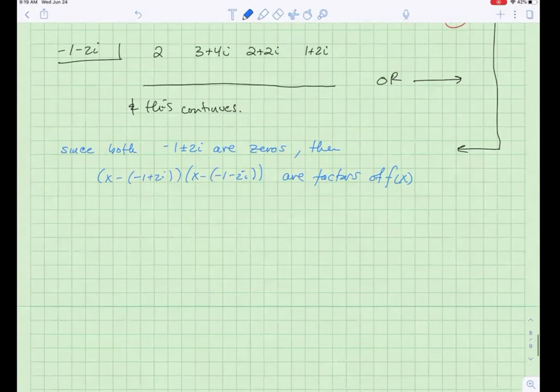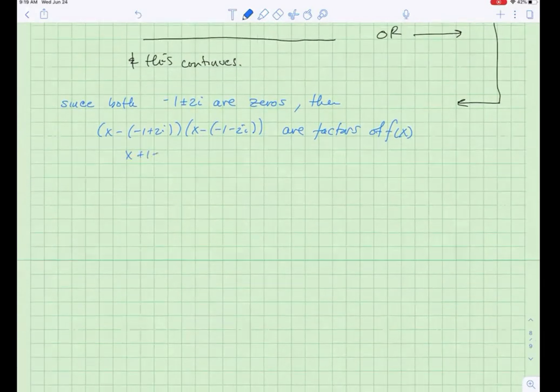When we multiply this out, this is x plus 1 minus 2i, and this is x plus 1 plus 2i. When we FOIL this out, we get x squared plus x plus 2ix plus x plus 1 plus 2i minus 2ix minus 2i minus 4i squared.